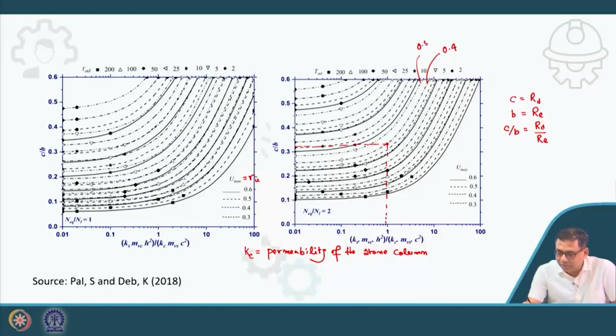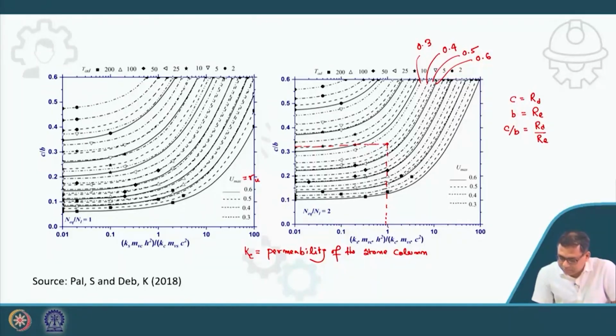This one is for 0.5, and this is for 0.6. This is for 0.5, and this is for 0.3. So we have these points. Here, because this is your flat triangle, this is the line of interest, RU equal to 0.4 and TAD equal to 25. This is the line.